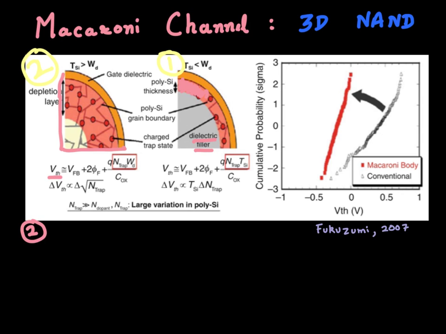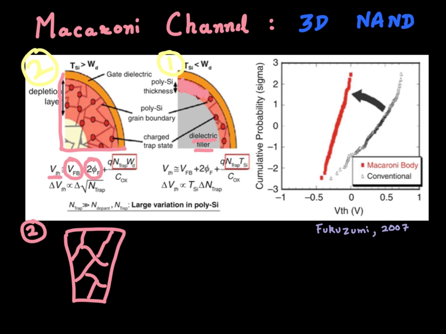the threshold voltage is controlled by a variety of things. It's controlled by the flat band voltage, it's controlled by the difference in the work function between the metal and the polysilicon. Plus, it's controlled by the amount of trap charge. Now, in polysilicon, since it's not a single crystalline material, you have a lot of grains, and in between these grains, you have grain boundaries.